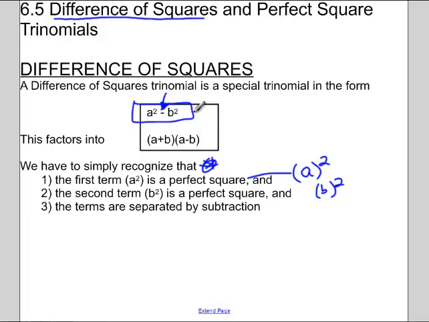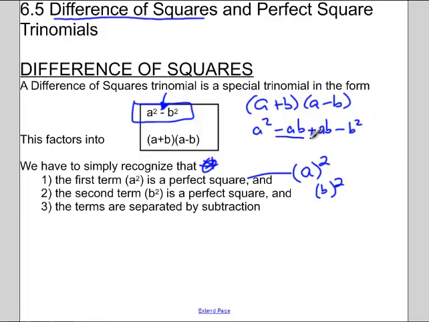And the reason for that is, remember, in chapter 6 we're factoring. We're going from a trinomial or a binomial to the factors. In chapter 5 we learned that a plus b times a minus b, when you FOIL it out, gives first terms a squared, outside terms minus ab, inside terms plus ab, and again it'd be b times a, but it would be the same thing as plus ab. And the last term, positive b times negative b, would be negative b squared.